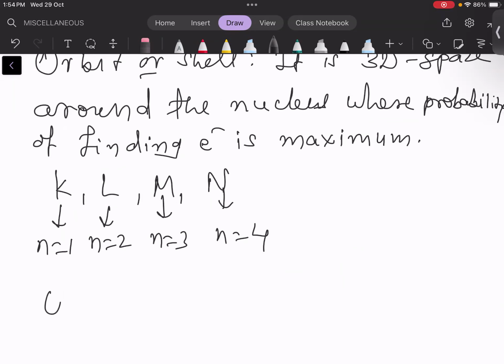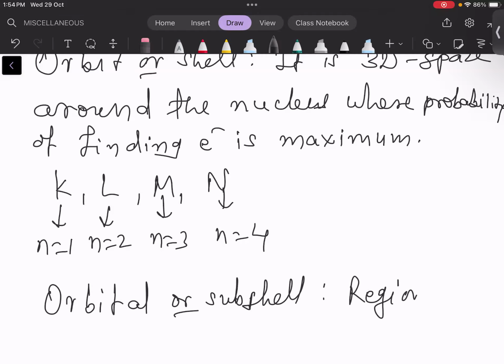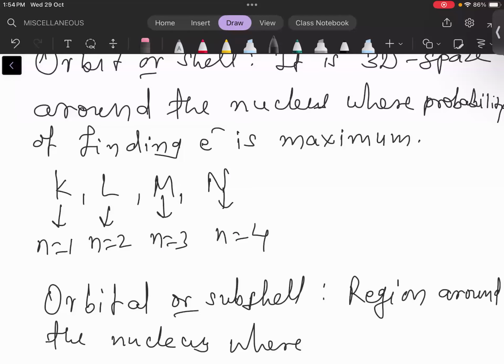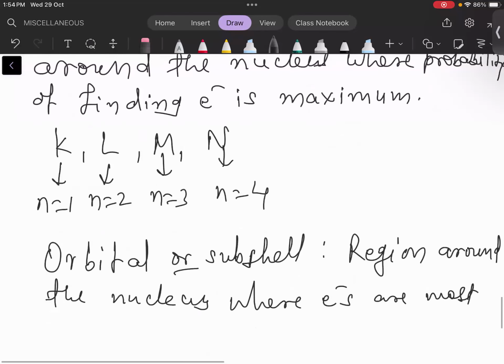The next orbital or subshell. So it is a region or space around the nucleus where electrons are most likely to be present.